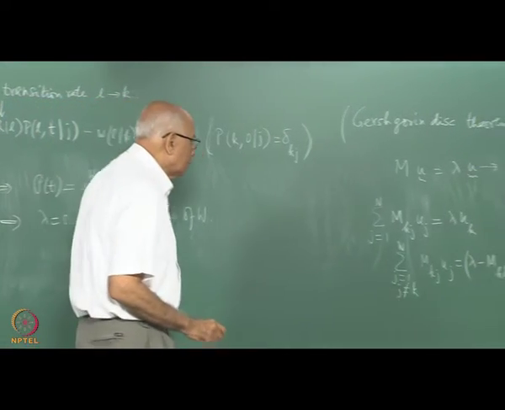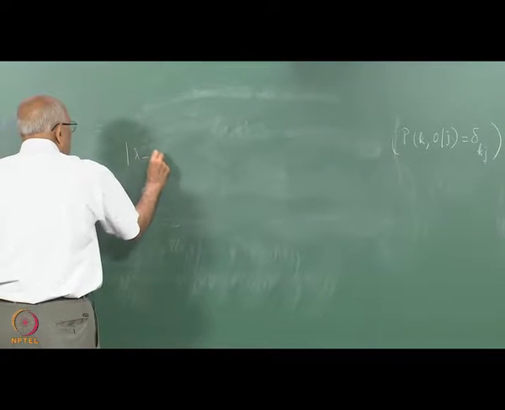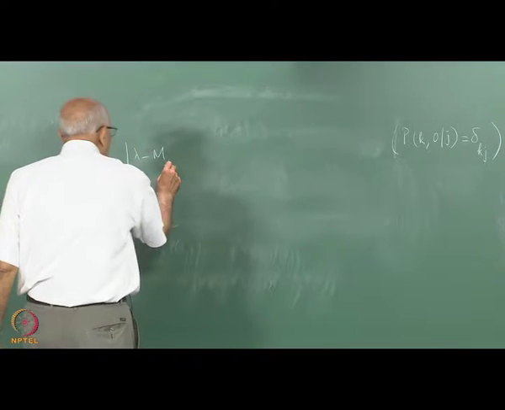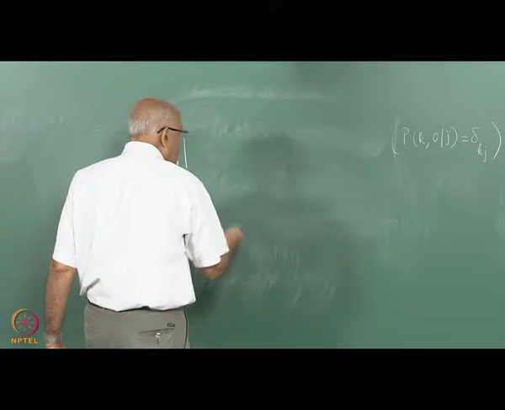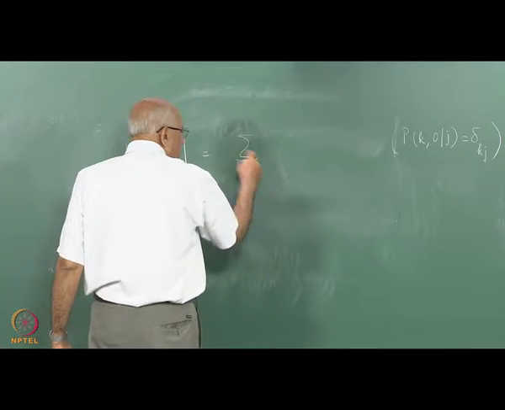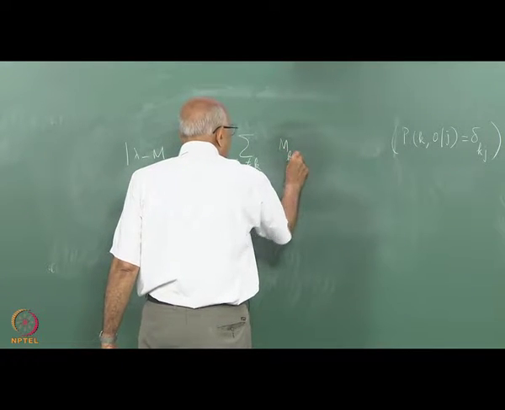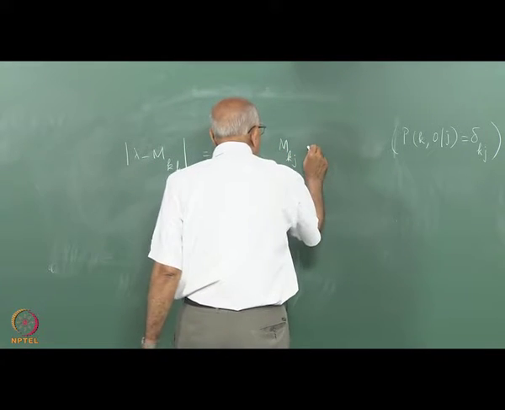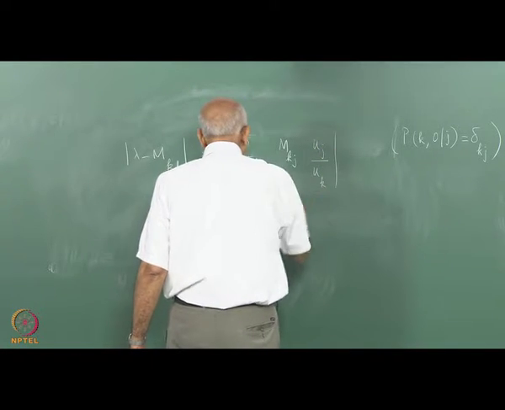Okay. Now take modulus on both sides, then it immediately tells you that modulus of lambda minus M kk times modulus of uk, I will transfer it to the right hand side, equal to the modulus of summation j not equal to k of M kj uj over uk.